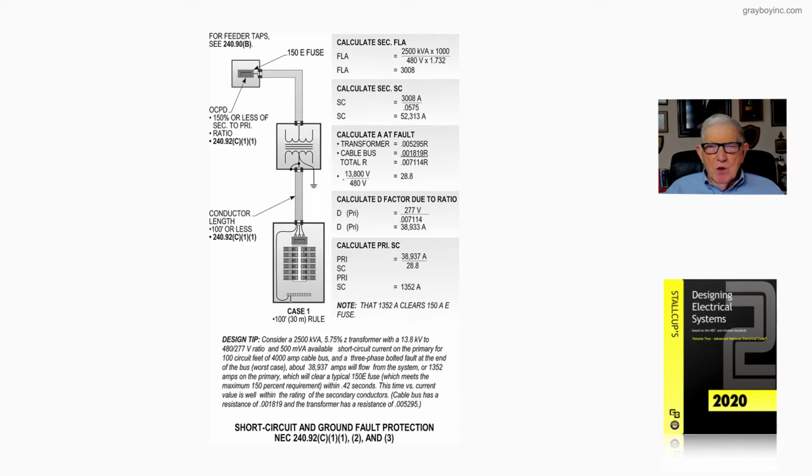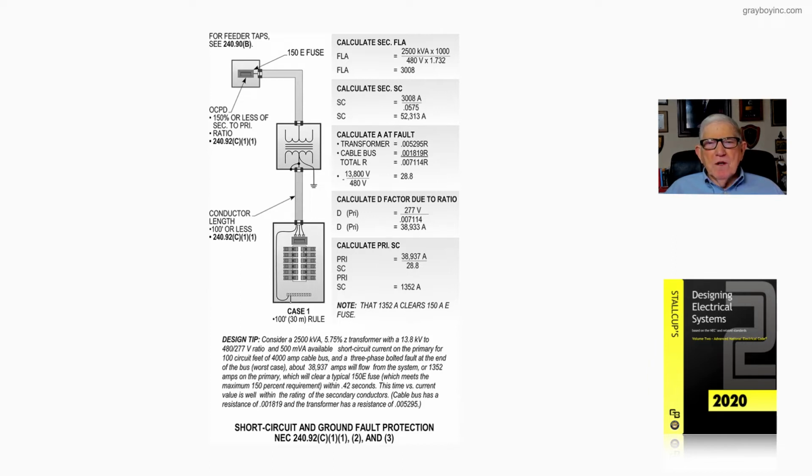240.92C1, item 1. Now what they're talking about here is in the illustration where you have 13,800 primary voltage. Secondary voltage is 480. So when you look in the third set of calculating values, look at calculating amps at fault.